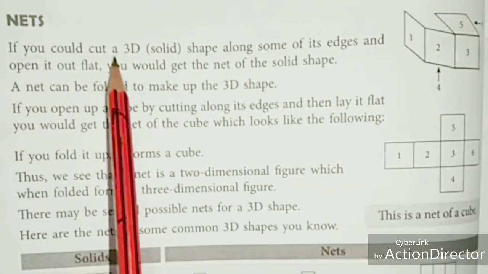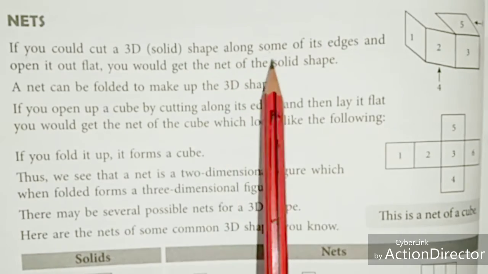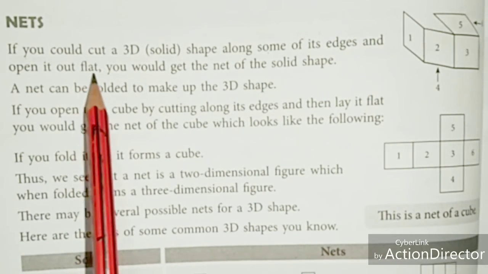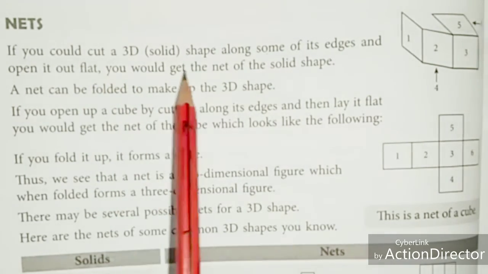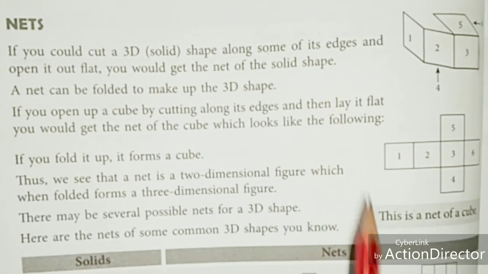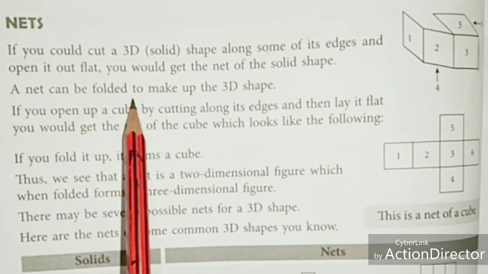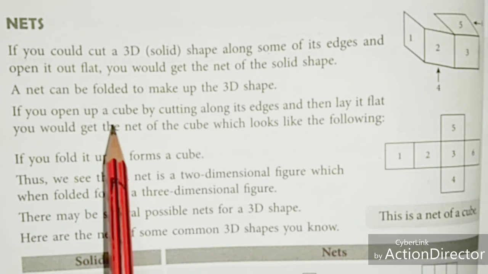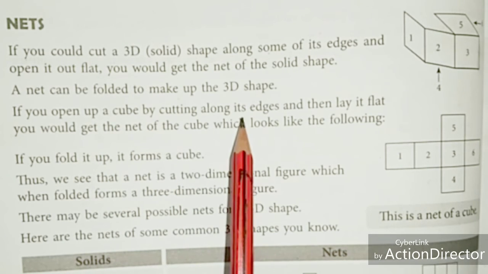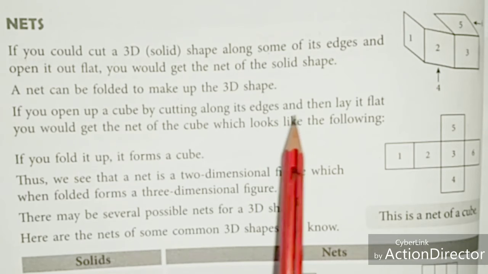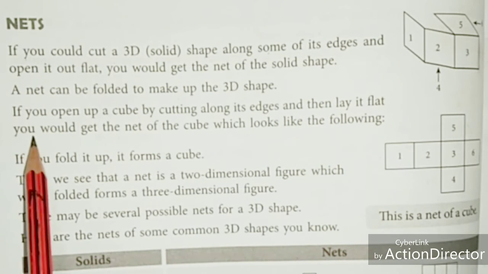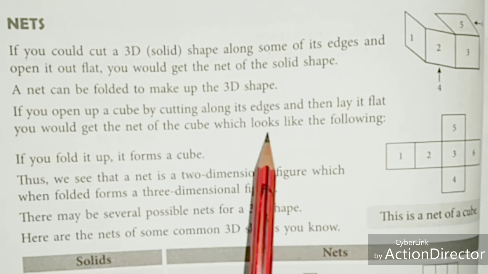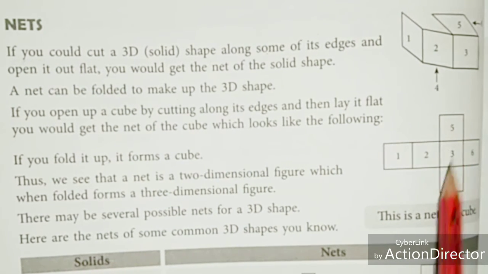Nets. If you could cut a 3D solid shape along some of its edges and open it out flat, you would get the net of the solid shape. A net can be folded to make up the 3D shape. If you open a cube by cutting along its edges and then lay it flat, you would get a net of the cube, which looks like this and this figure.